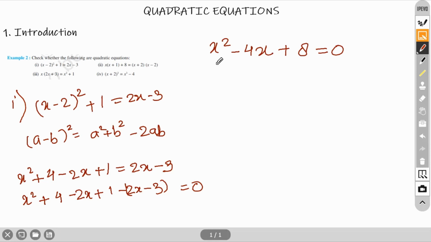Now it can be seen clearly that it is of the form ax square plus bx plus c equals 0, and a is not equal to 0. The value of a is 1 and not 0. So yes, this is a quadratic equation.